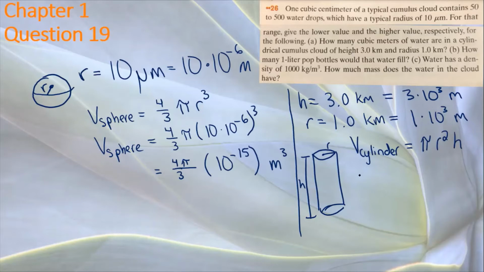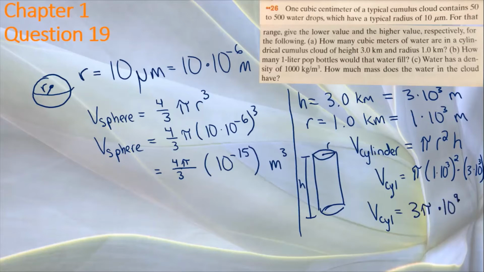Plugging in our known values, we can find the volume of the cloud to be equal to pi times 1 times 10 to the 3rd squared times 3 times 10 to the 3rd. So we can simplify the volume of the cylinder to be 3 pi times 10 to the 9th meters cubed.